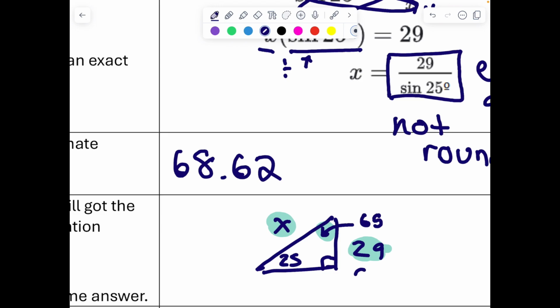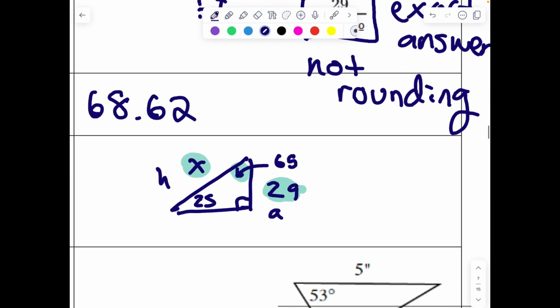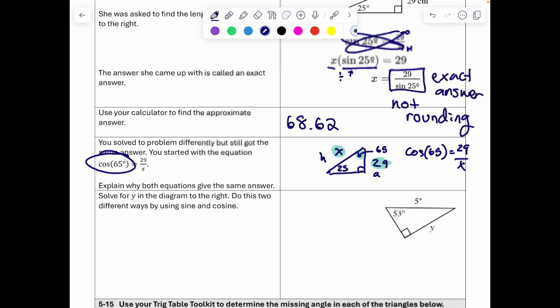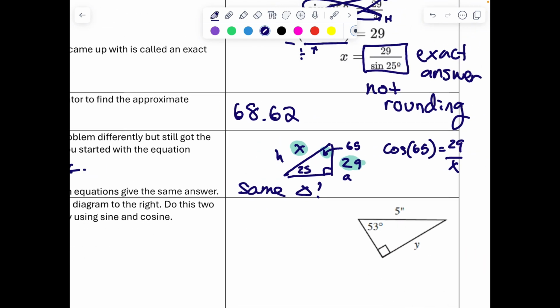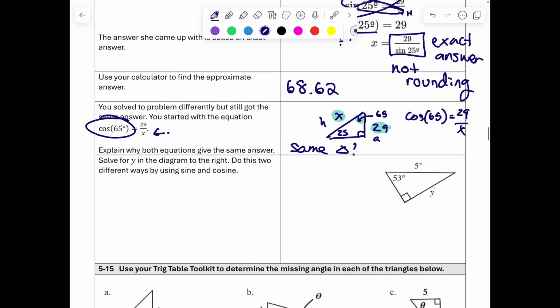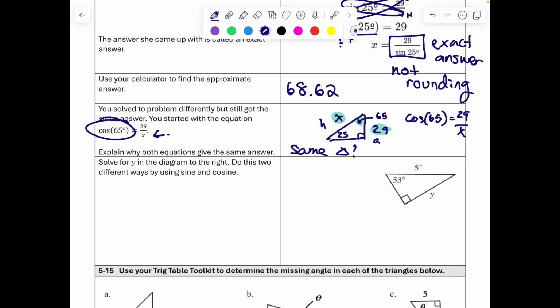So adjacent and hypotenuse, which means we're using cosine instead of sine. So the cosine of 65 is 29 over x, right? That's what we had. And of course that would get us the same thing because it's the same triangle. We should get the same answer for x. So if you have both angles available to you, you kind of get to choose which angle you want to base this off.